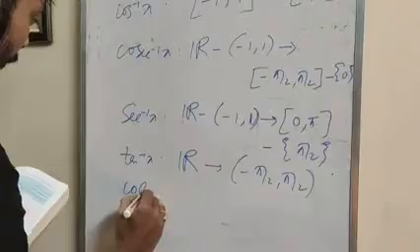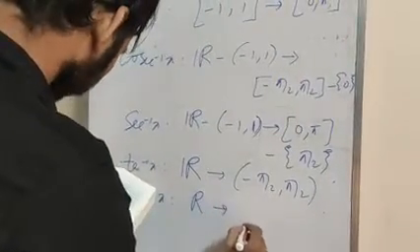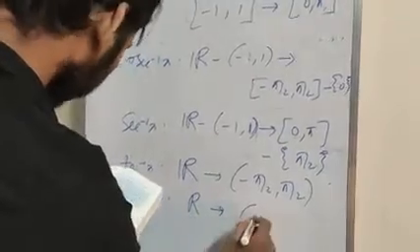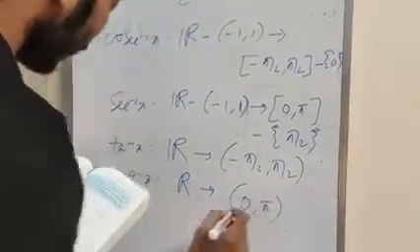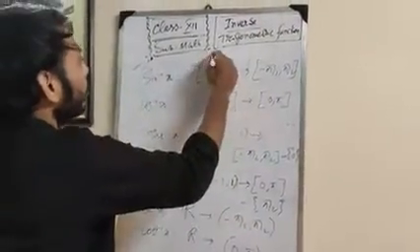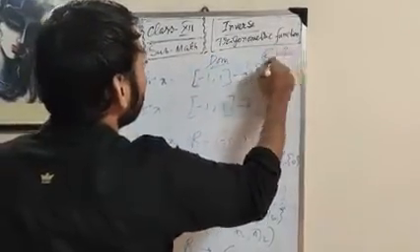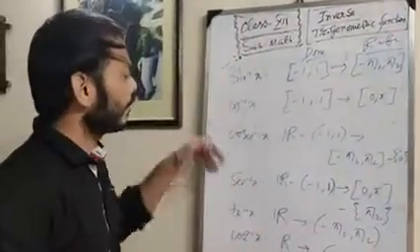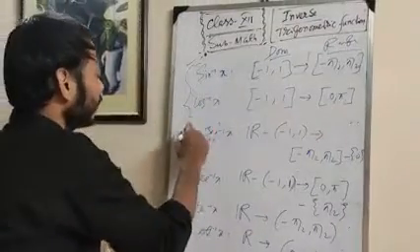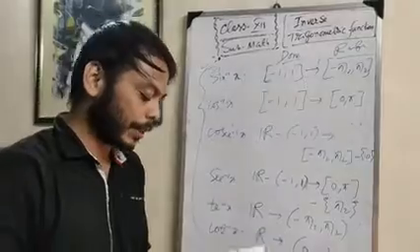For cot inverse x, it is from the real numbers to 0 to pi. So to get the principal values, the domain and ranges are given here. You have to remember this table. This is very important.